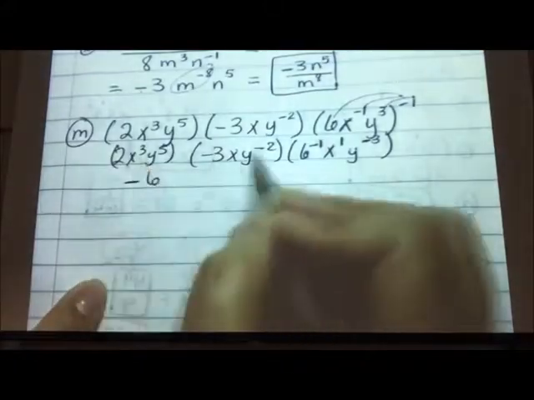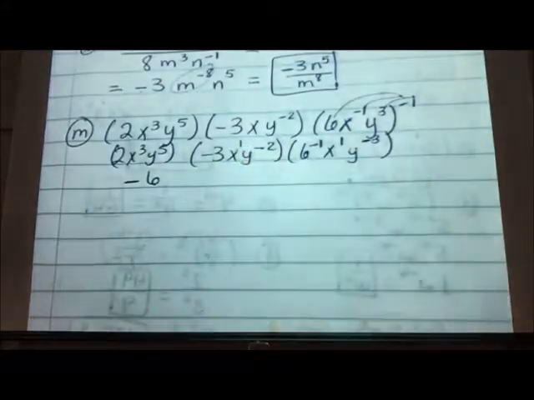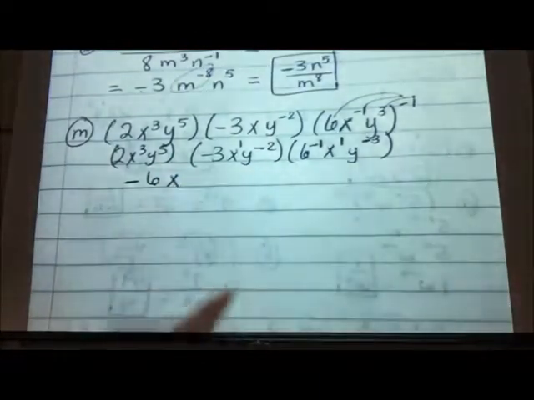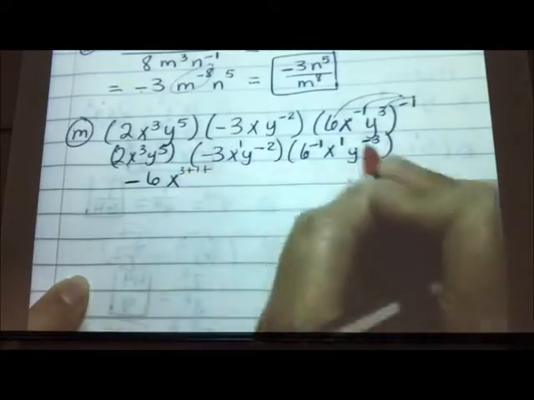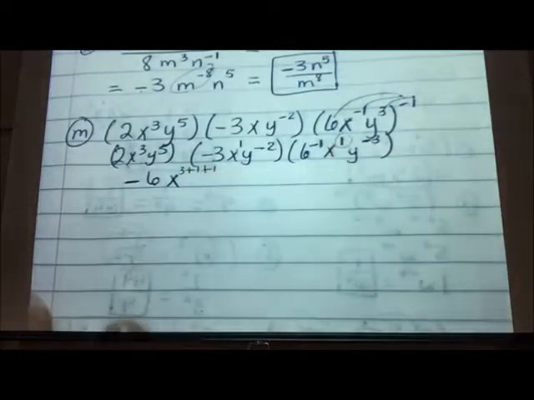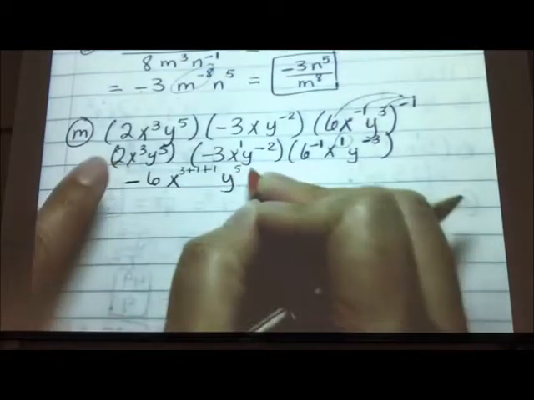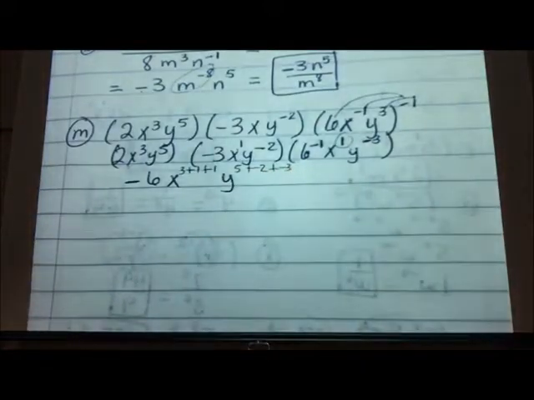I'm going to add my exponents. Please remember the exponent here of x is 1. So I have x to the 3 plus 1 plus this other one. And then I have y to the 5 plus a negative 2 plus a negative 3.